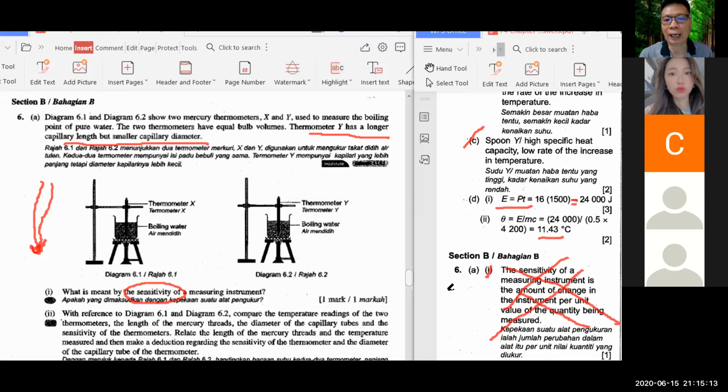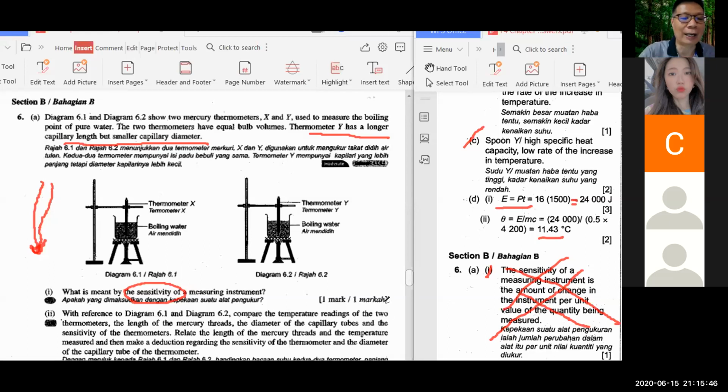Any quantity, can be temperature, volume, or length, small change also can be detected, can be measured. Understand? Ong Chia Sin, can you read out your answer? The ability to measure and detect small change in quantity. Okay, thank you. Good.